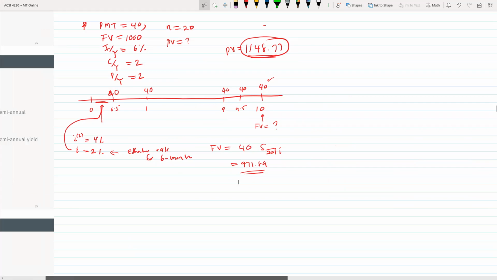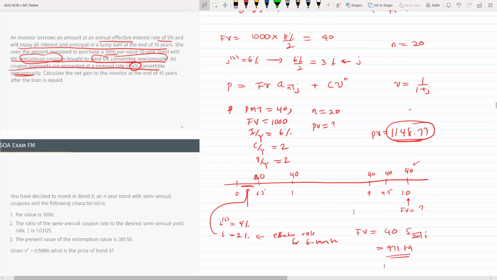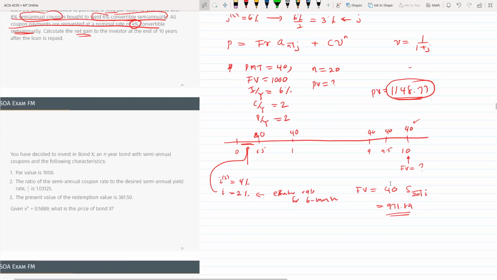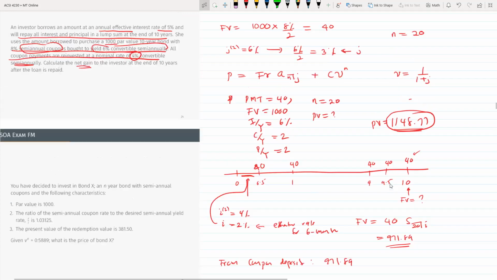So let's go back to the problem. Remember that at the end of the 10 years, we want to calculate the net gain. So let's calculate. From coupons and deposit, how much is the person going to get? 971.89. And then you are also going to get that $1,000.